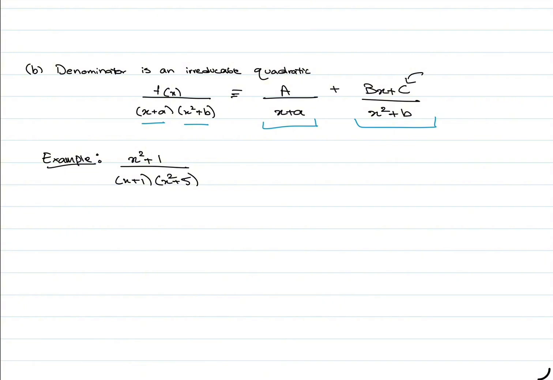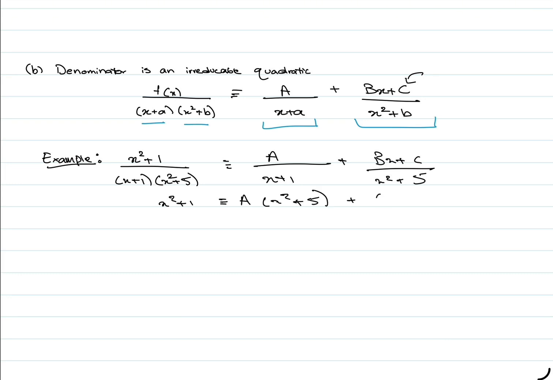x squared plus 1 upon x plus 1, x squared plus 5 is equivalent to a upon x plus 1 plus bx plus c upon x squared plus 5. Let's LCM the right-hand side. x squared plus 1 is equivalent to a times x squared plus 5 plus x plus 1 times bx plus c.